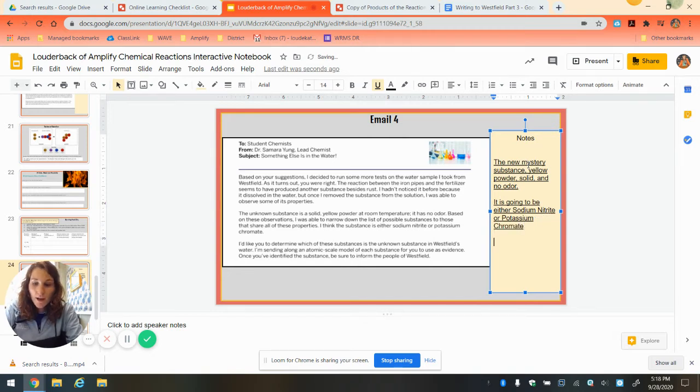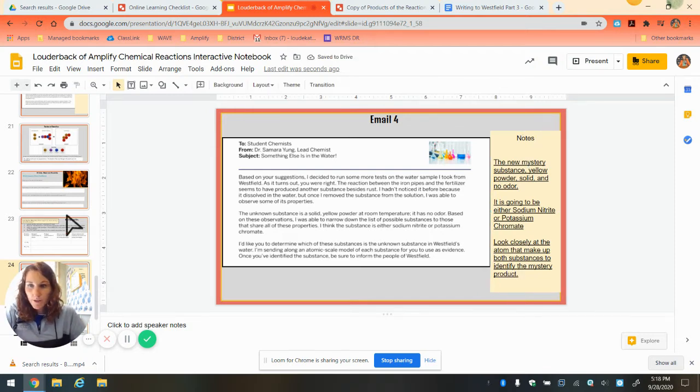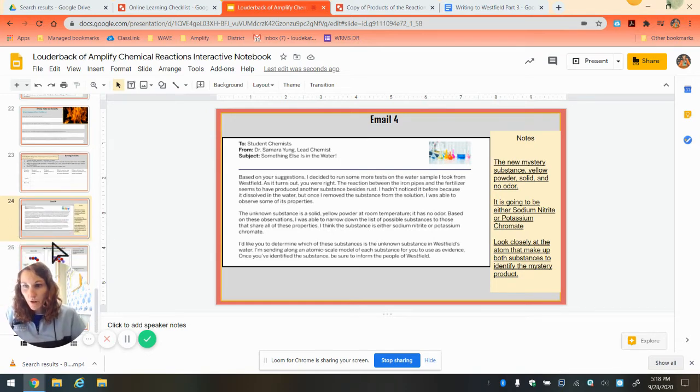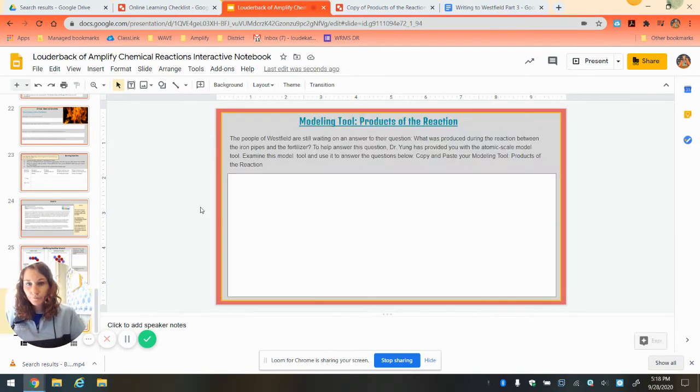We're going to look at the atoms that make up both substances to identify the mystery product. Okay, so let's look at those substances. So that's slide 24. So now I'm going to go to slide 25.